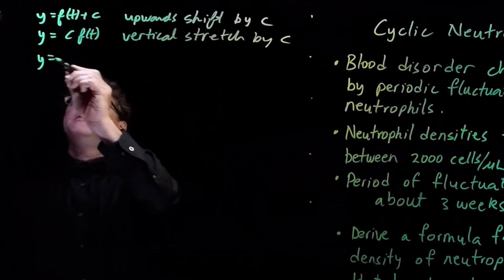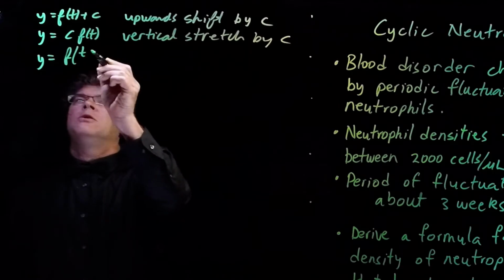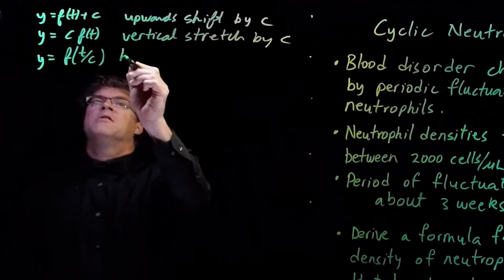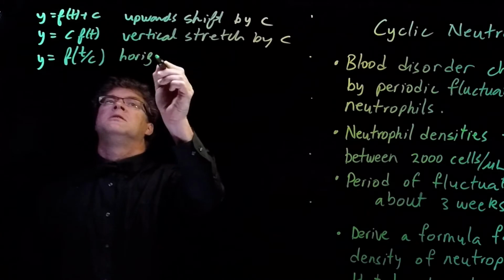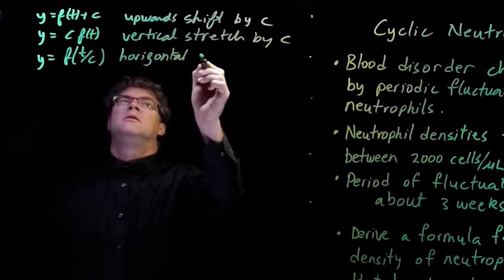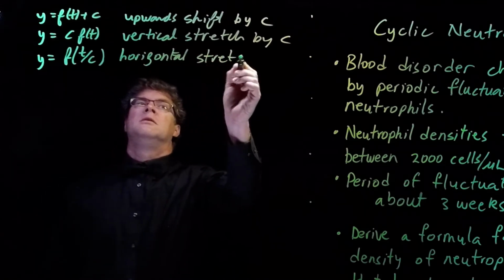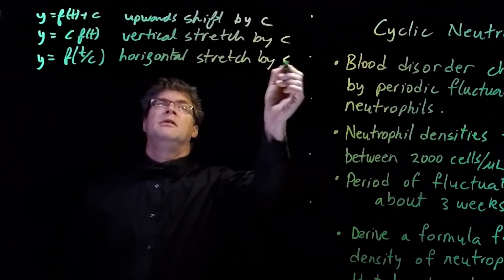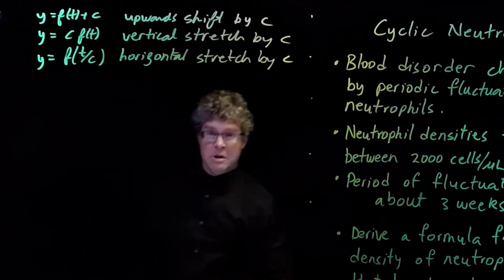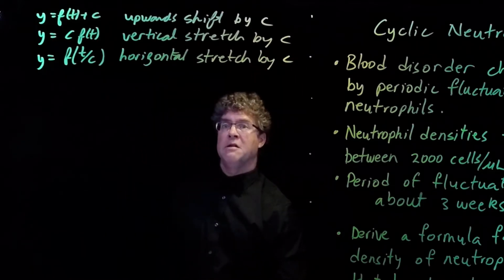And y is equal to f of t over c is a horizontal stretch by c. So we're going to use all of these three things in what we do here.